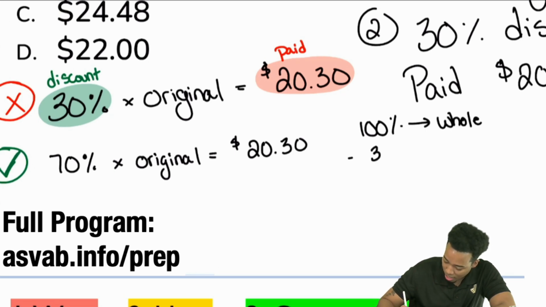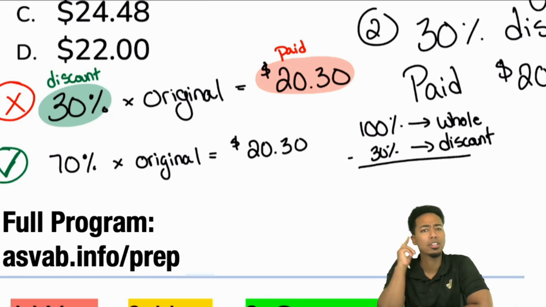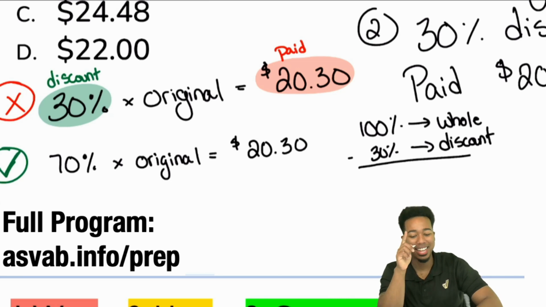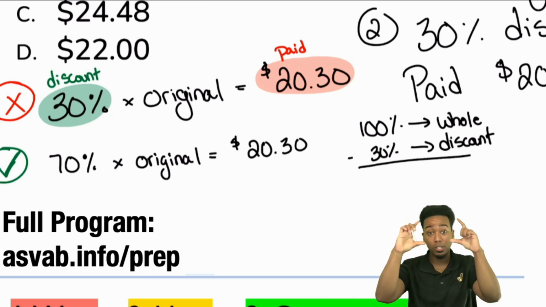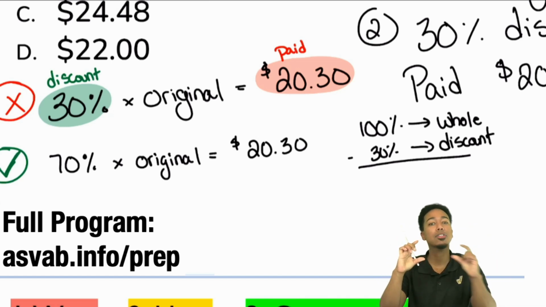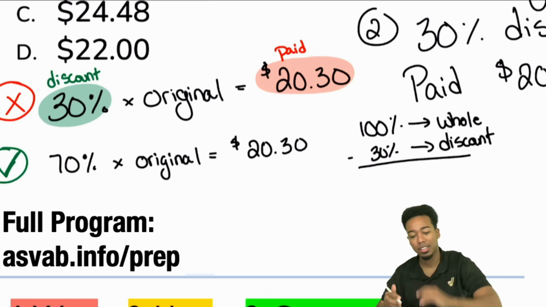We will take away the 30% because that's the discount, that's what we got off. And everybody, what's 100% minus 30%? 70%, and that is correct, Landa. That's what we're paying. We were supposed to pay 100%, but we got a 30% discount, so we take that away, and we're left with 70%. That is what we're paying.